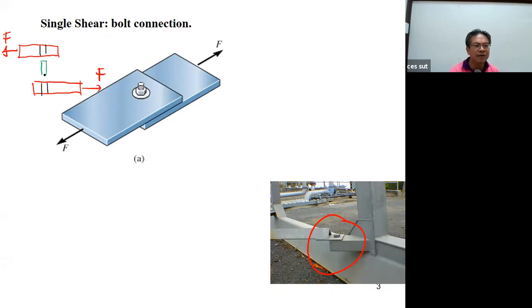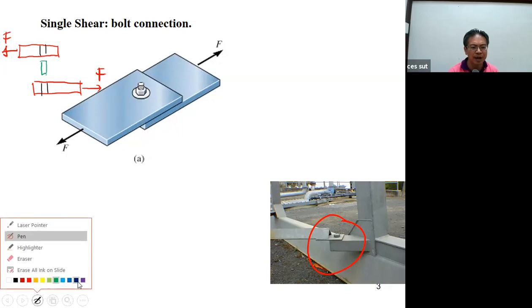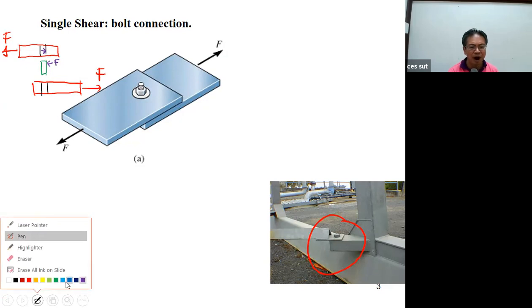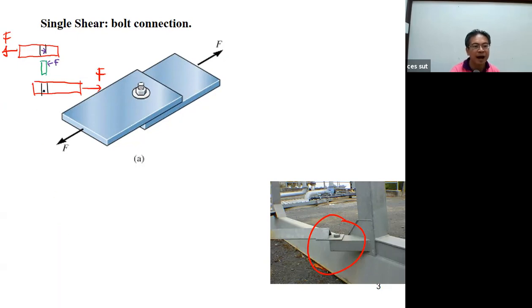If the plate is to be in equilibrium, we require the force here, the force here is F, to be over here. The force also on the bottom portion is going to be, let me put it in this color, in this direction. So this force, by the third law of Newton, will apply here.